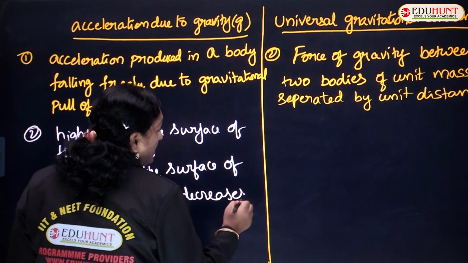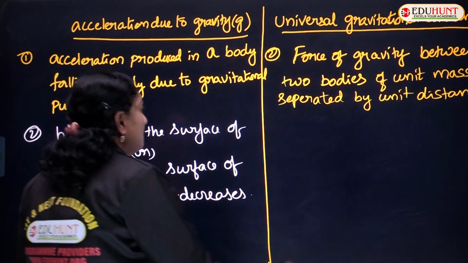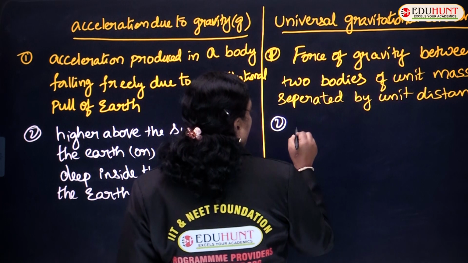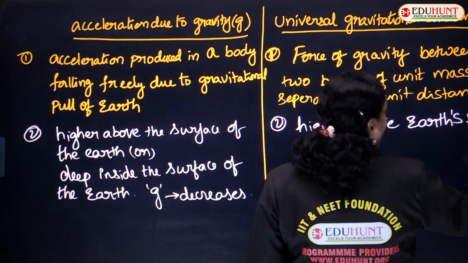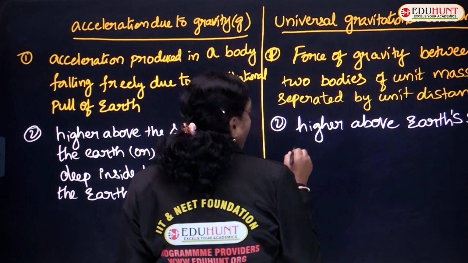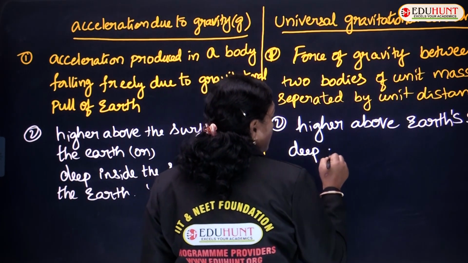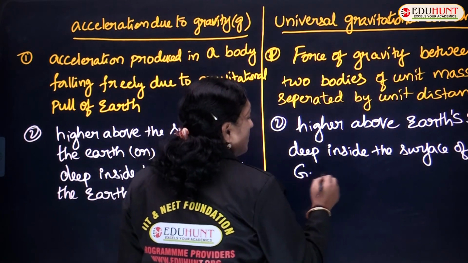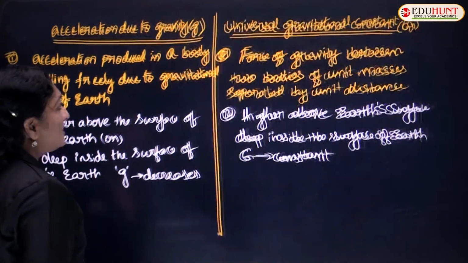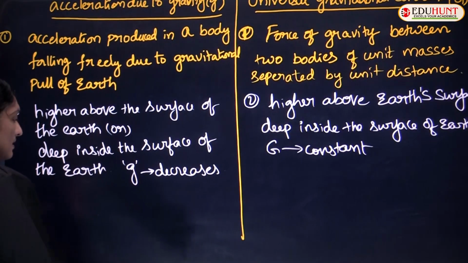But the value of capital G, whether you move higher above the surface of the earth or deep inside the surface of the earth, remains constant. And how much is the value, children?